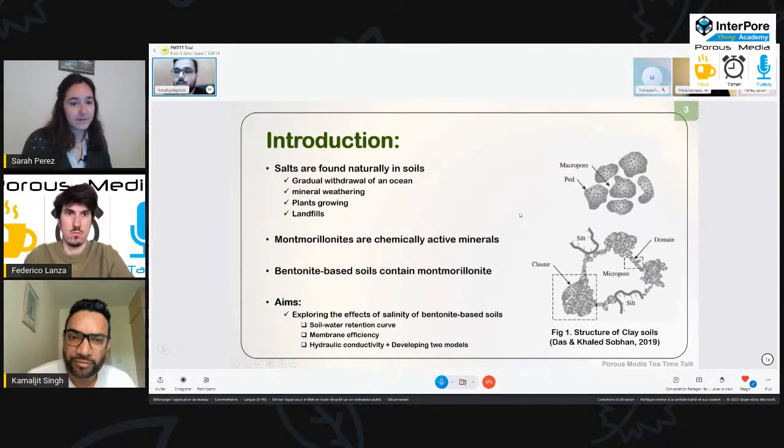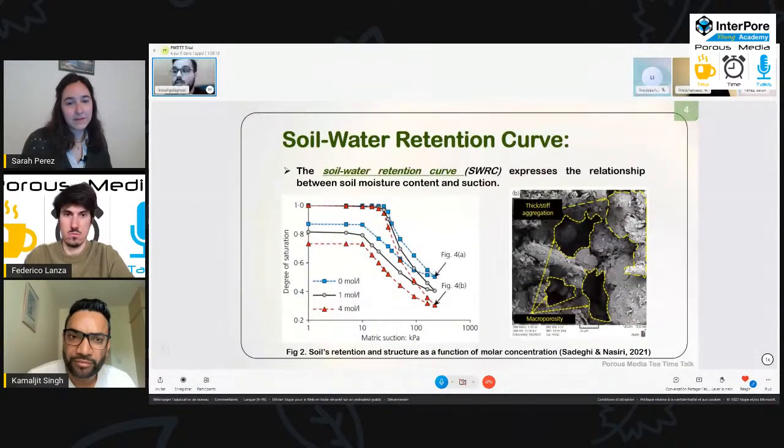The soil water retention curve, or in short form SWRC, is one of the key features of unsaturated porous media that expresses the relationship between soil moisture content and suction. The rigorous characterization and modeling of this hydromechanical feature are inevitable for the investigation of slope stability, two immiscible phase flow, volumetric and shear strength behavior.